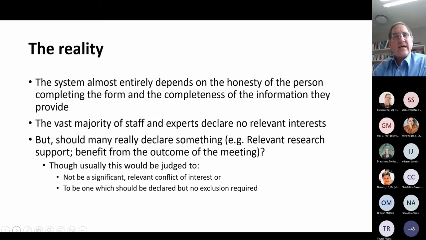But I think that these interests should be declared, even if they would be judged by the WHO staff member not to be significant or a relevant conflict of interest, or to be one which could be declared, but no exclusion would be required. Those are just a few thoughts.